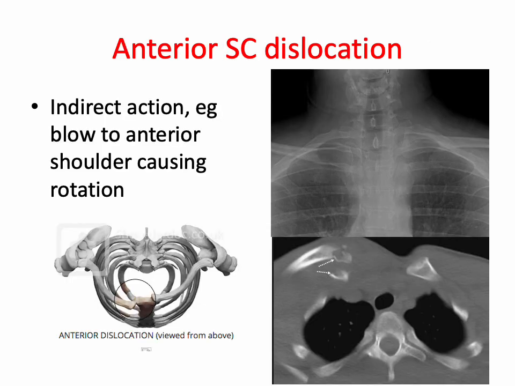So this is demonstrating an anterior sternoclavicular joint dislocation. On the left on this plain radiograph, it's moved superiorly, and on CT on the right we can see the medial head of the clavicle dislocated anteriorly and associated with a fracture as well of the medial head of clavicle.